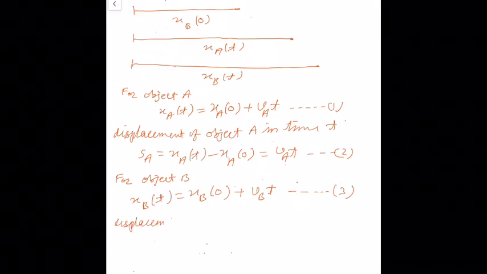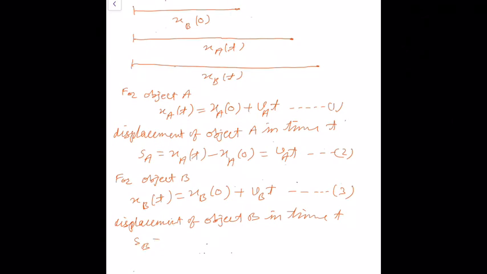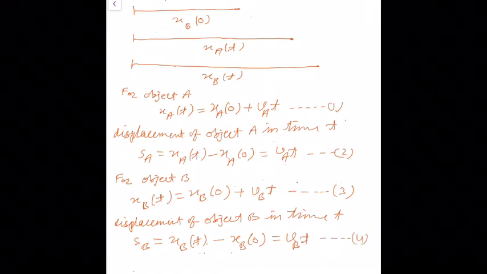Displacement of object B in time t, SB is equal to xBt minus xB0 is equal to VB into t. It is equation 4.